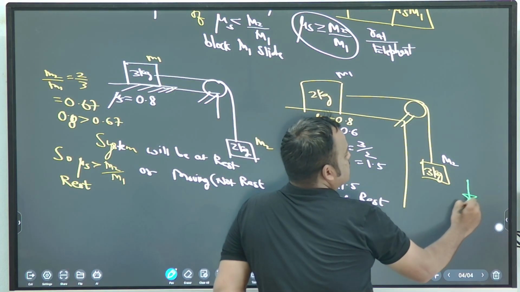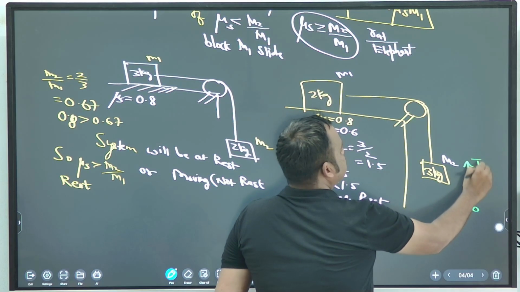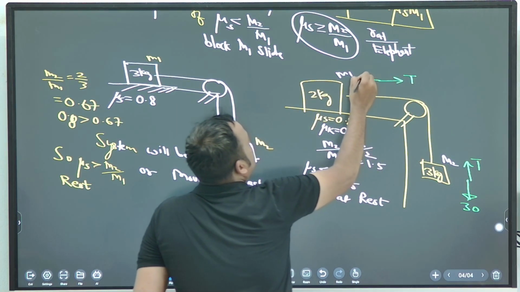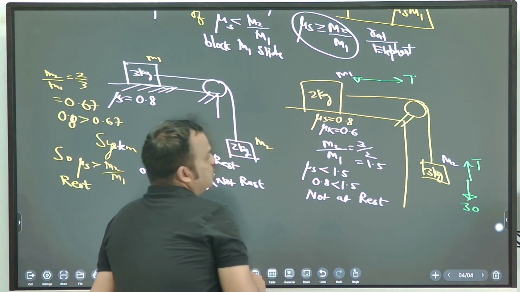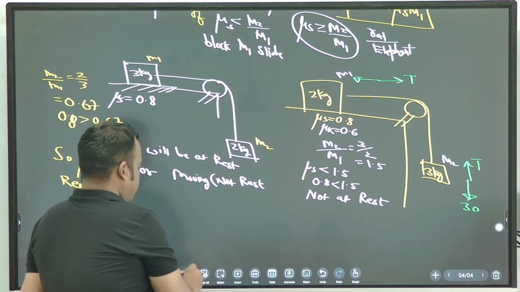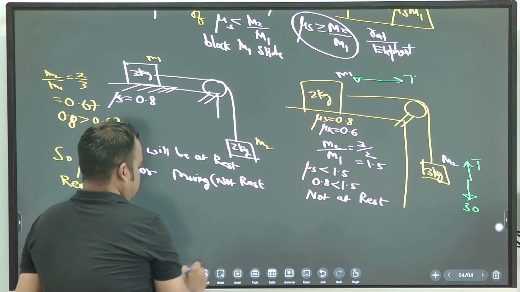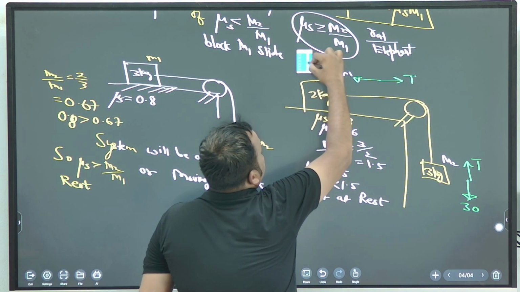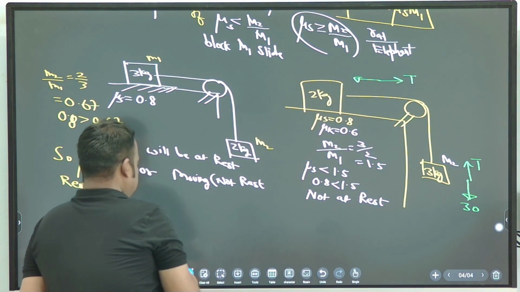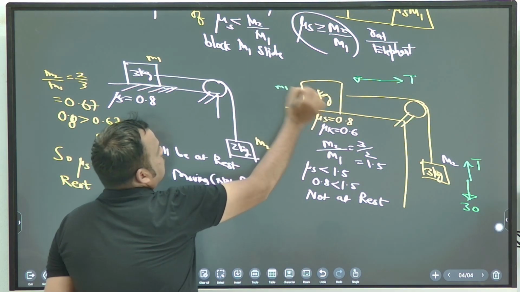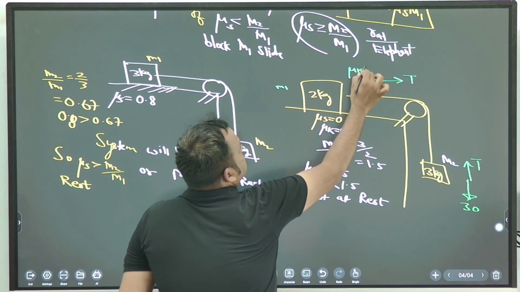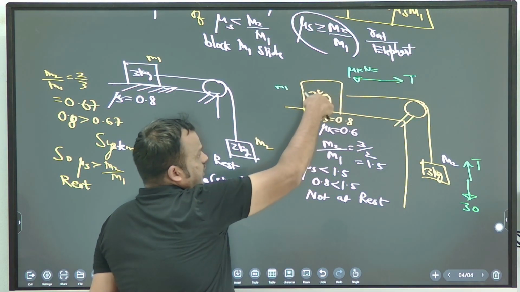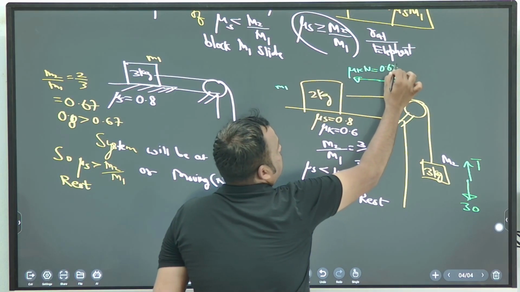So we can calculate acceleration. Here what is the force? 30 Newton. Here tension. And for this, what is the force on the right side? Tension. And what is the force on the left side? Mu k N. How much is mu k N? Calculate it. 0.6 into 20.